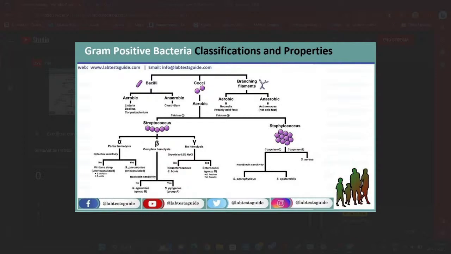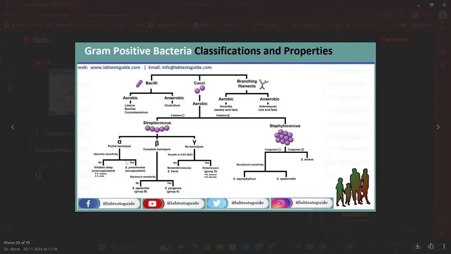In partial hemolysis, if the bacteria is sensitive to the optochin antibiotic, meaning that if we put the bacteria in optochin solution it gets killed, the bacteria is called Streptococcus pneumoniae.